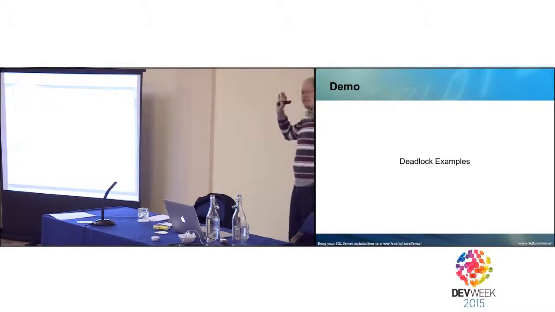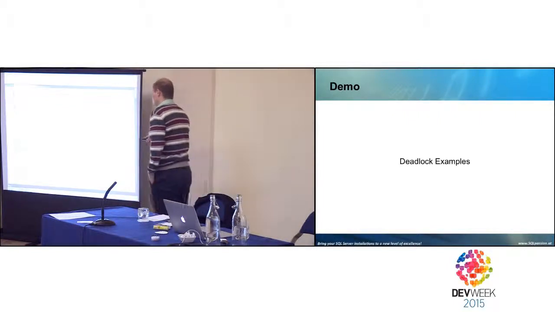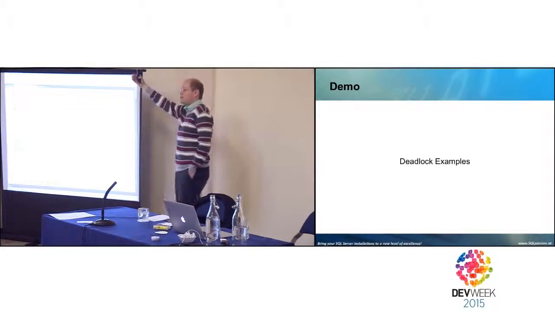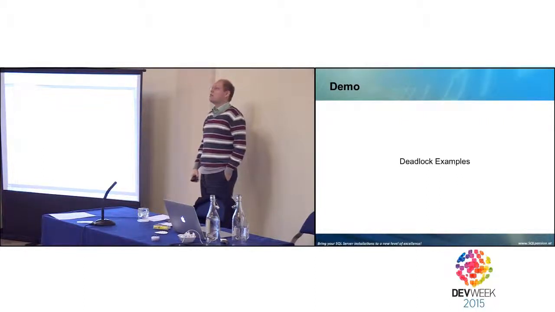There are three different kinds of exchange operators. The gather streams operator, which takes multi-threaded input and produces single-threaded output. A second one, distribute streams, which accepts single-threaded input and produces multi-threaded output.